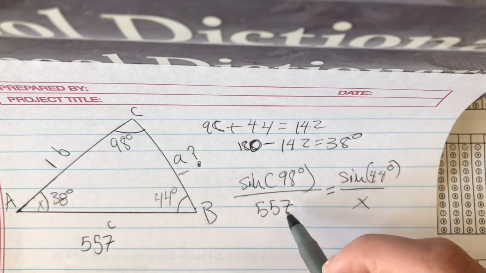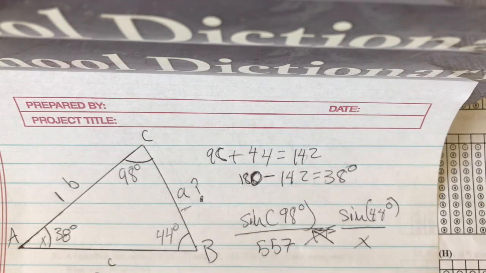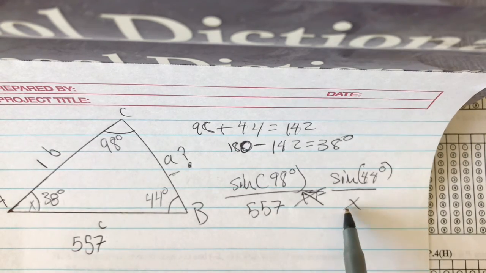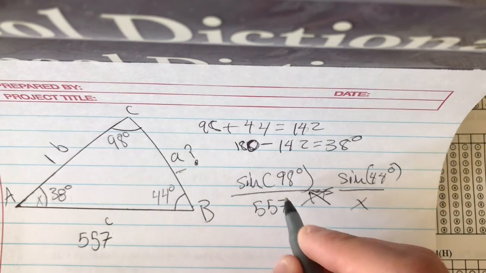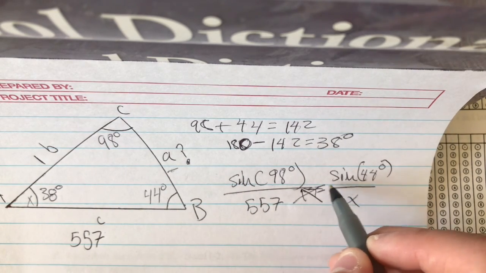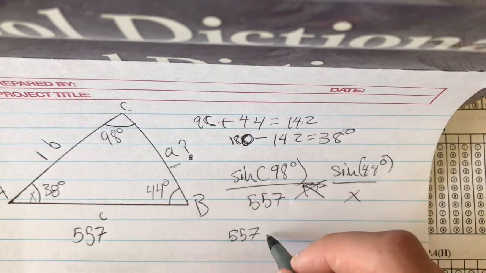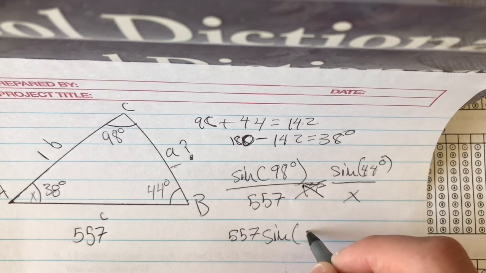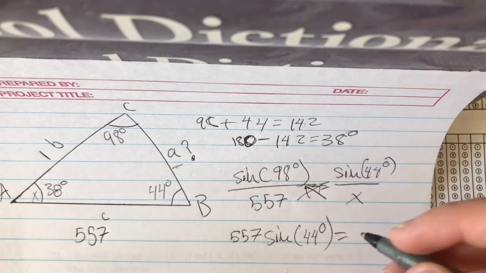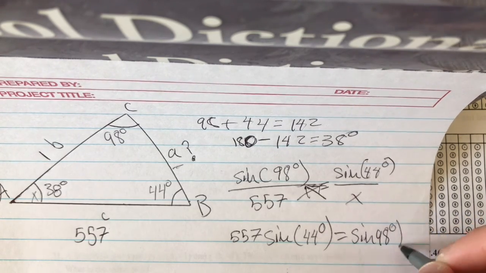Next step, we have to cross multiply to get x by itself. 557 cross multiplied with sine of 44 degrees equals x times sine 98 degrees.